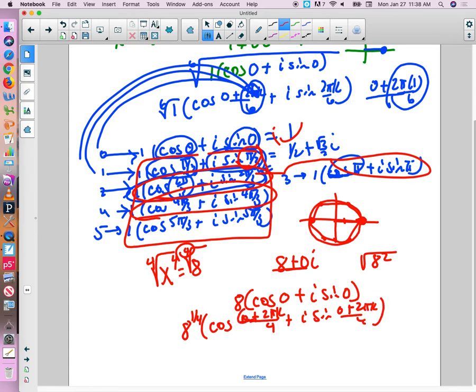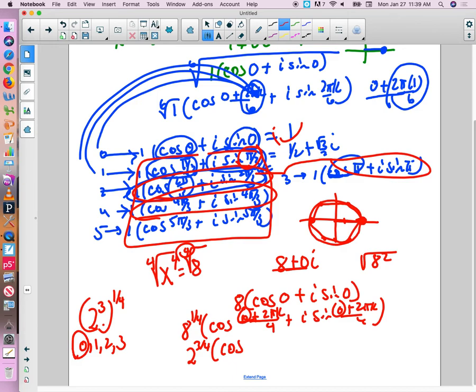You won't always have an angle of 0 like we have in my first 2 examples, but you can look back to my second 2 examples. Let's look at 8 to the 1/4. 8 is 2 to the 3rd, to the 1/4 power, and so you could actually call this 2 to the 3/4, which would be the same thing. First of all, if you're doing a 4th root, you're going to fill in 0, 1, 2, and 3.